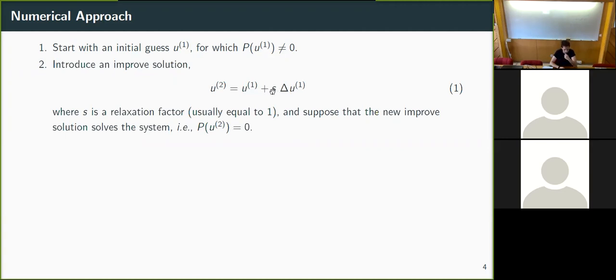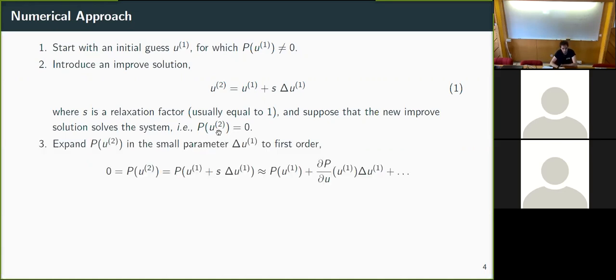Here x is just a relaxing factor, which usually is equal to 1, and then we have some delta u, which basically is just a difference from the initial solution. Then we impose that this new solution solves the system of PDEs.